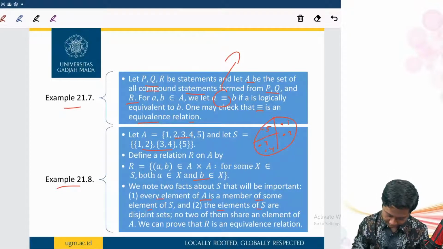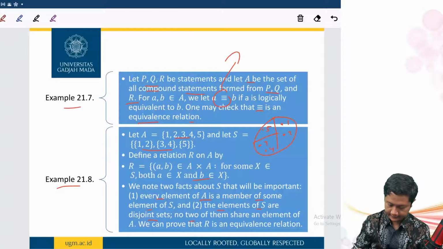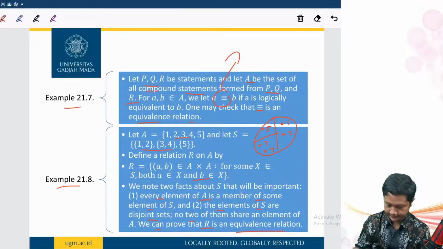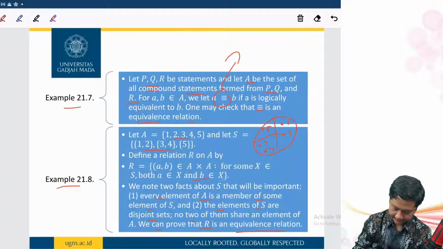Then the elements of S are disjoint sets. What's the meaning? No two of them share an element of A. So we can prove that R is an equivalence relation. It should be clear, because every element is related to itself, so reflexive; symmetric is also clear from here; then transitivity is also clear.